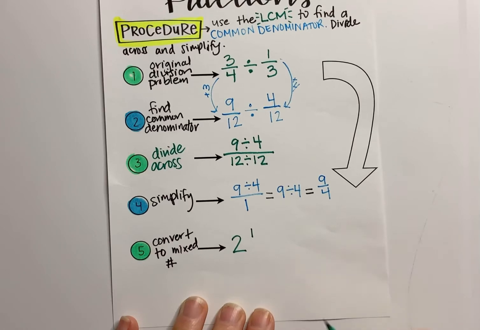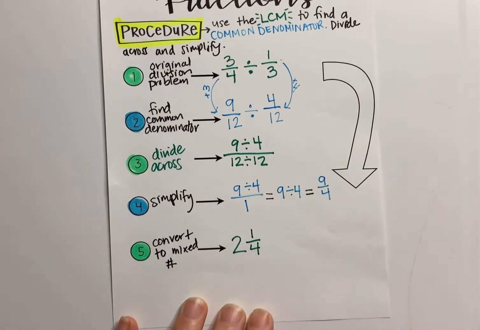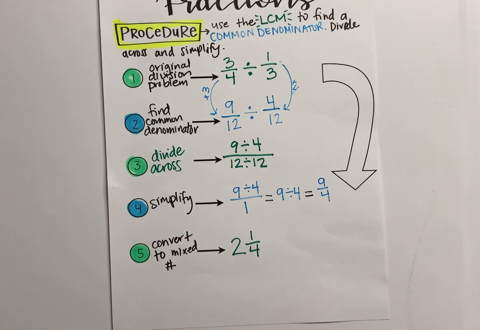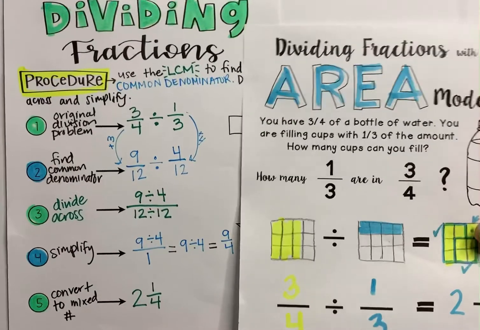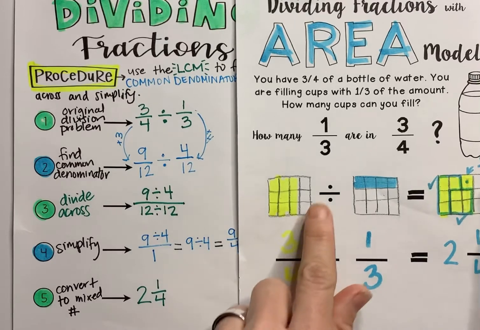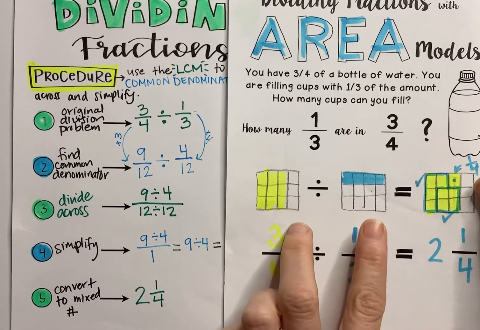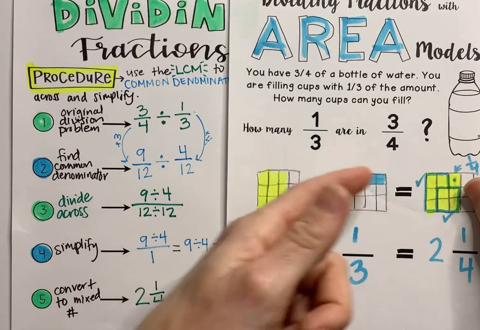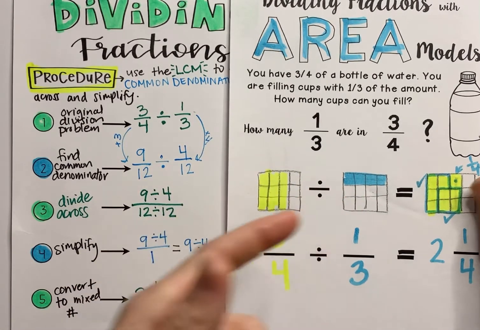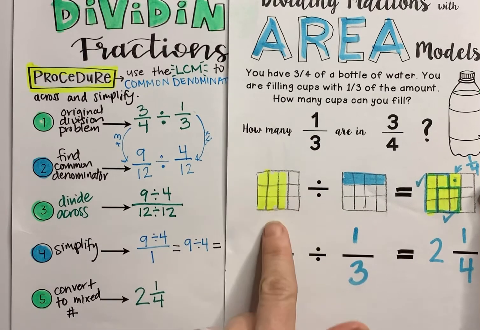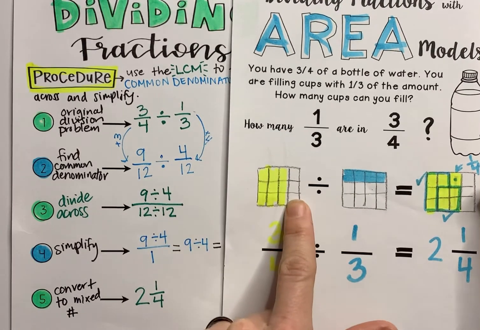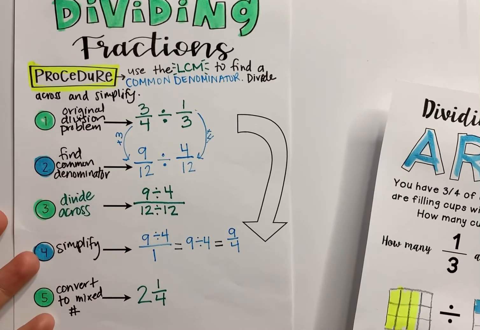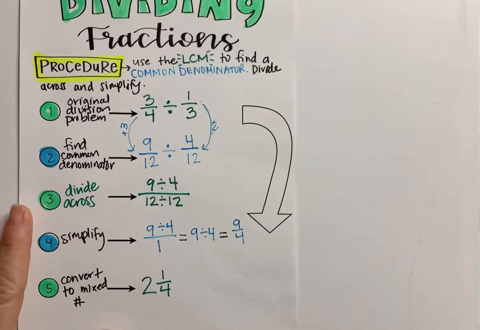That's going to be my numerator, and I leave my denominator the same. There's my fourths. You'll remember from our area models that we split our squares up into 12ths, because we had the thirds going this way and the fourths here. We broke them up into the same number of pieces and had 12ths, the common denominator, which is what we did here. So it's the same process, but now without the visual model.